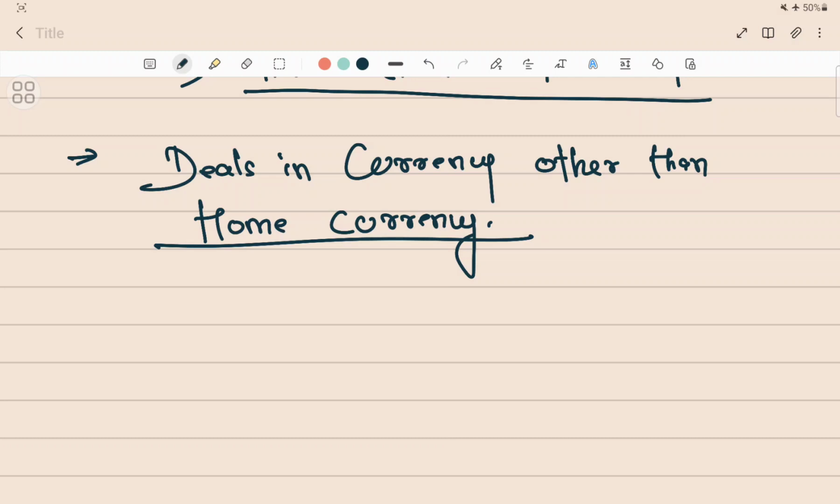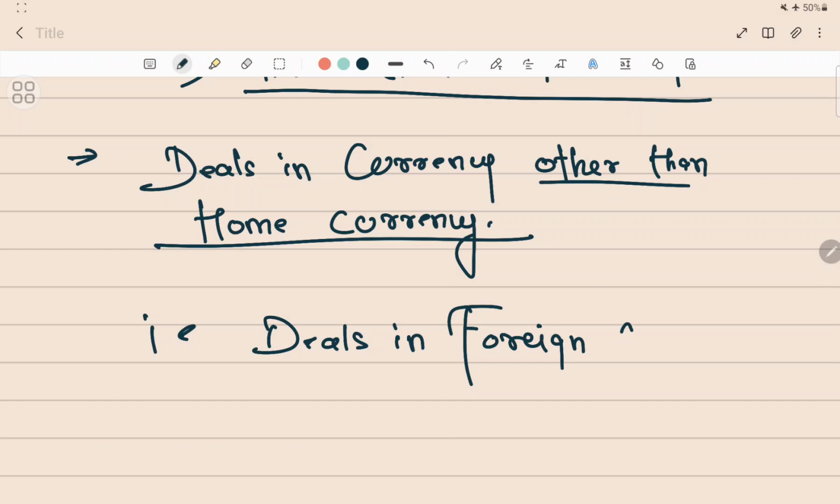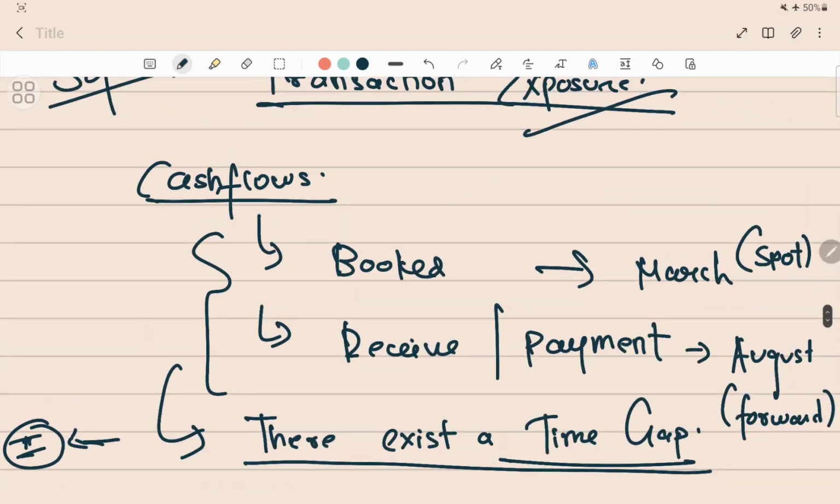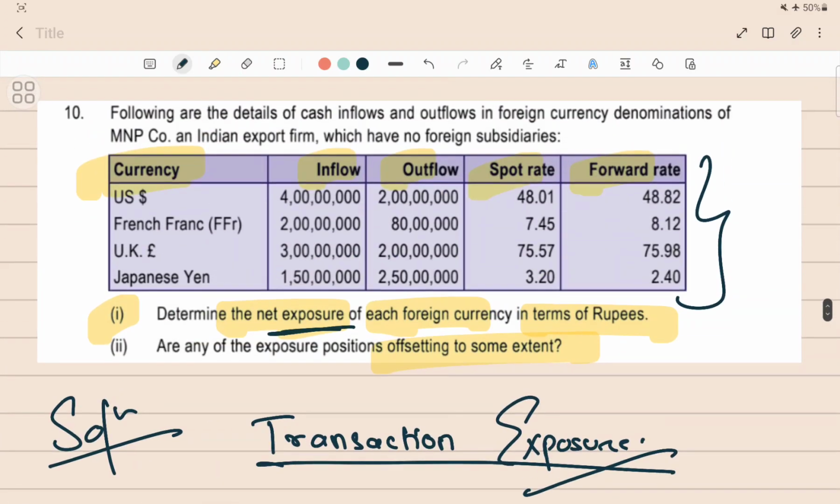So it deals in foreign currency, and this was the second part. The first part is that there exists a time lag between recording of your transaction and the actual payment or receipt. Now let's see the question.